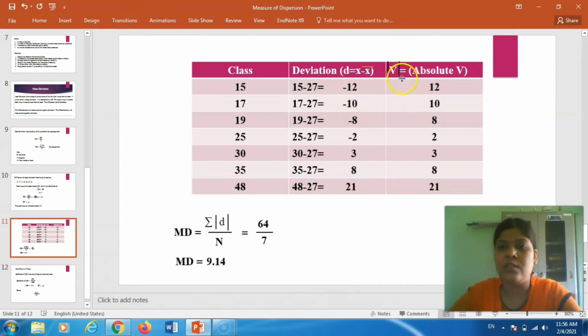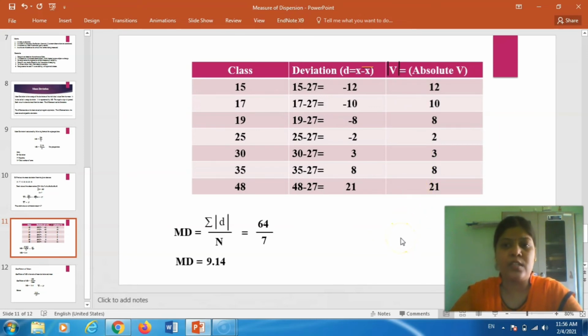Here this sign is called the absolute value. Here the negative sign is ignored. So in mean deviation, sometimes we get an answer in negative form, and there is no option, we just have to ignore that negative sign.